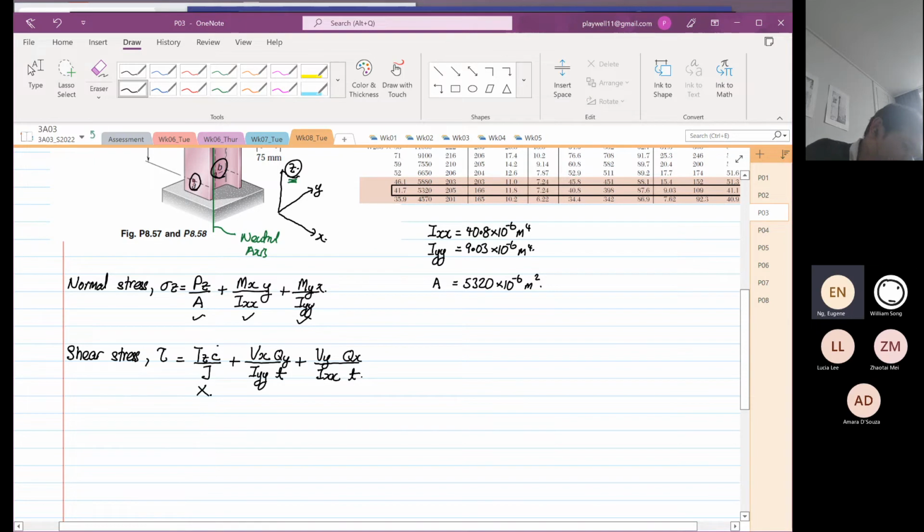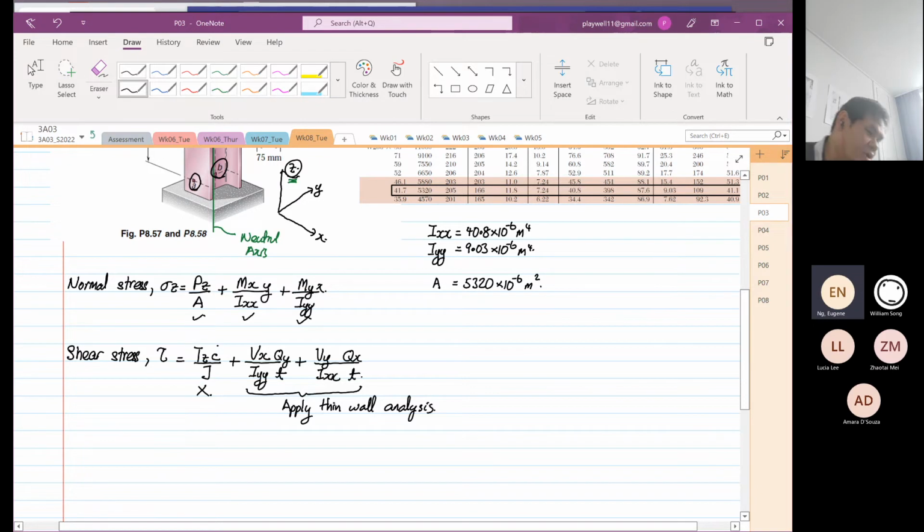But we have Vx and Vy. Now the shearing stress over here, we're going to apply thin wall analysis. This is me forewarning you what we have.